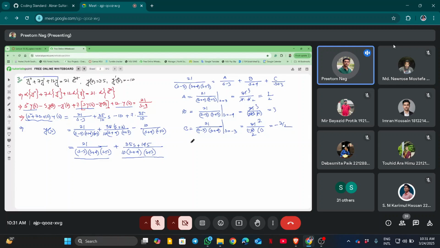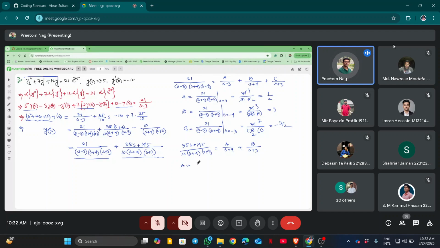Similarly, from the second case, (35s + 145) over 10(s + 4)(s + 3). Again, we can write here A by (s + 4) plus B by (s + 3).